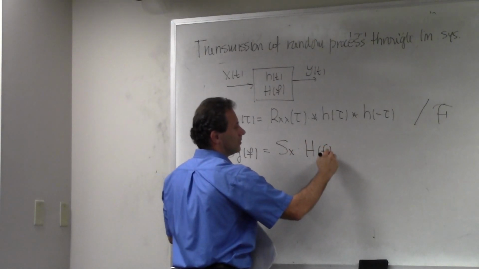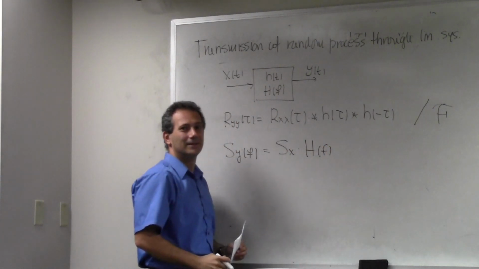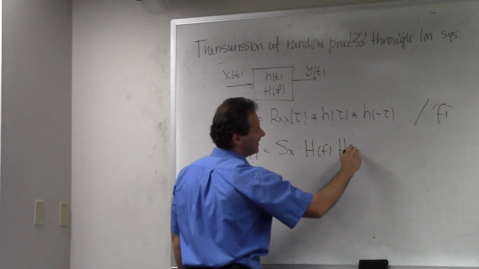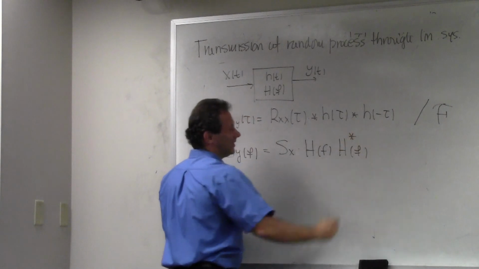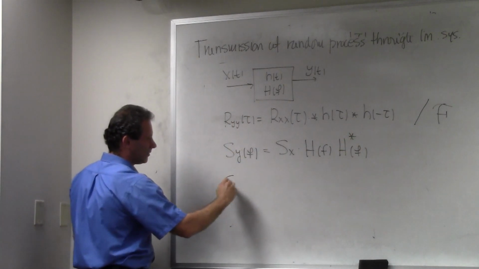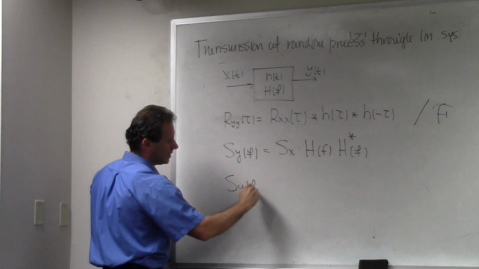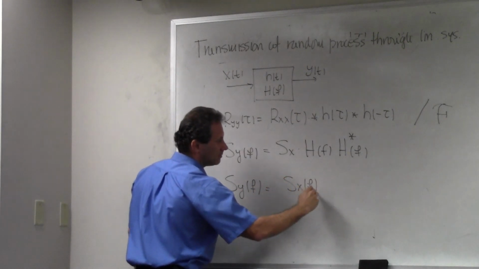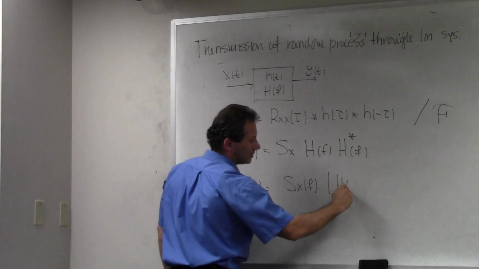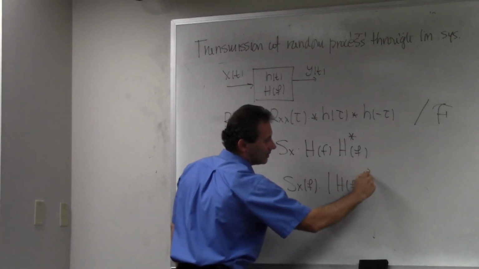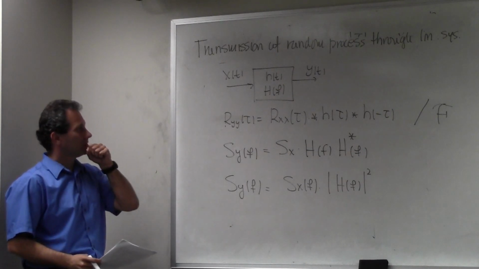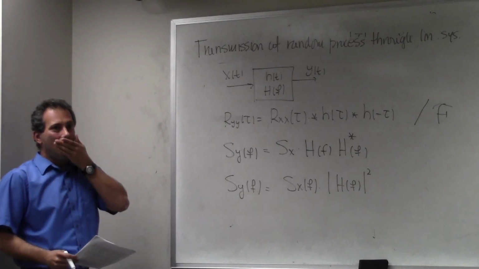Now the tricky part. What's the Fourier transform of this? Complex conjugate. There you go. Linear system, right? So complex conjugate. And then you end up with a good old friend. The power spectral density of the output is whatever is the power spectral density of the input times the magnitude squared of the amplitude response of your linear filter.